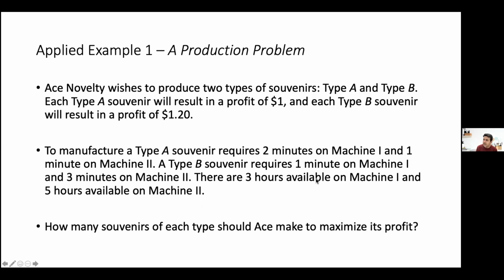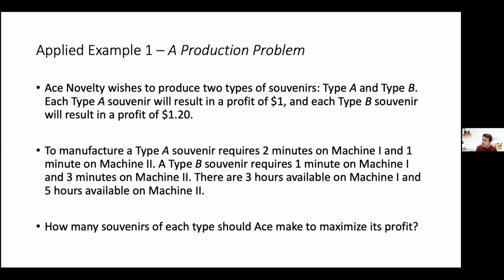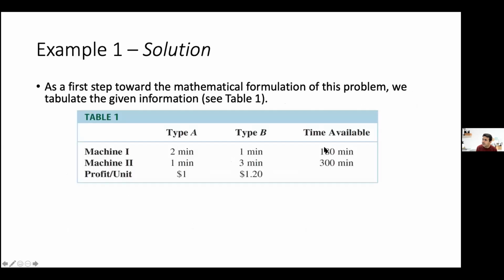So there are 3 hours available on machine 1. That means 180 minutes. And 5 hours on machine 2. So these are the other restrictions that we have, and we put those here. So 3 hours in here, 3 times 60, 180, and 5 hours in here, 5 times 60, 300.